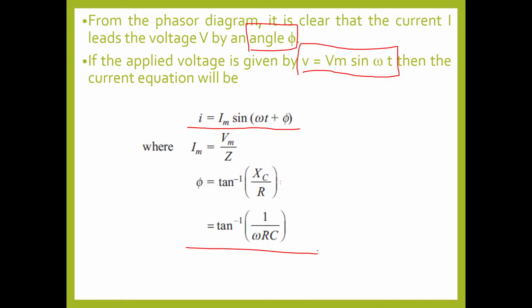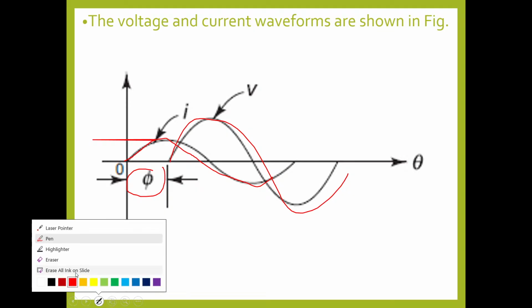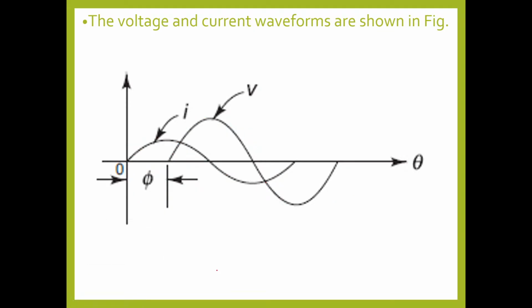Now if you draw the voltage and current waveforms, current is leading voltage by an angle of phi. See here, this is my current waveform, and with some phase delay, the voltage waveform starts. So this is the voltage and current waveform for the RC circuit.